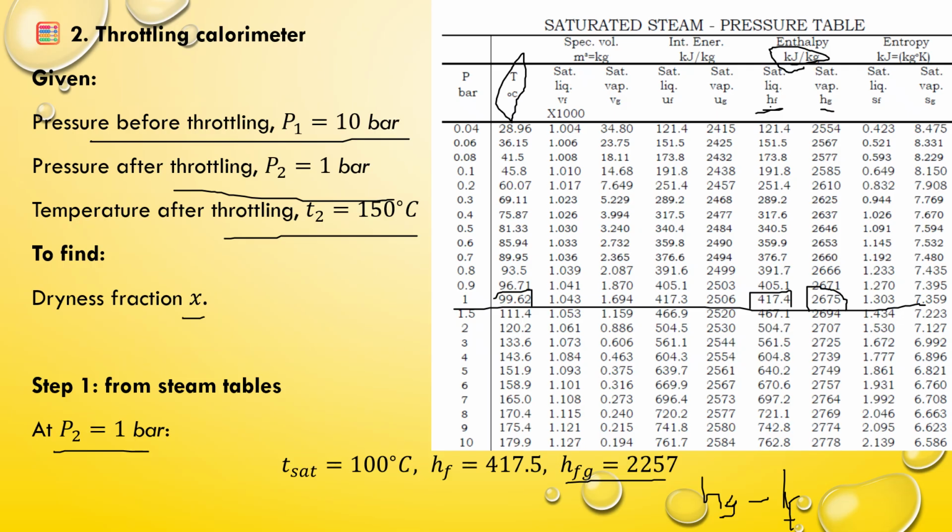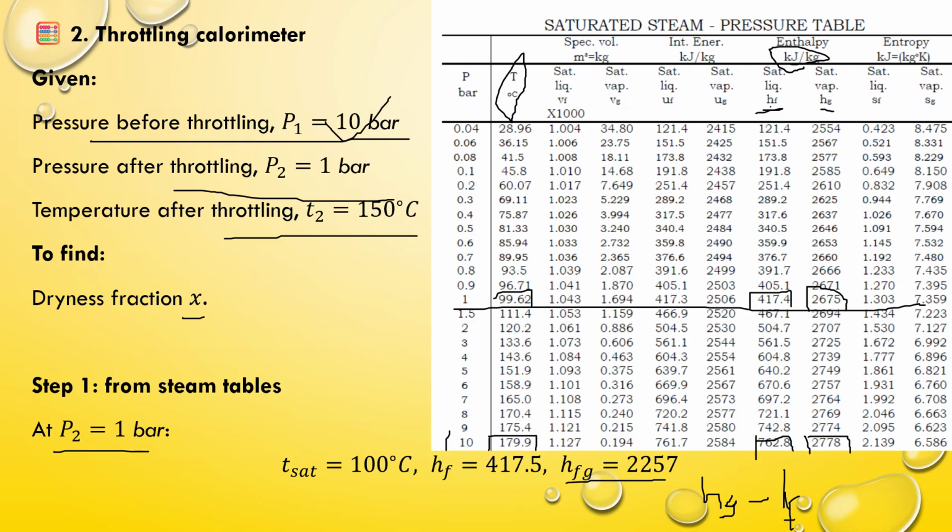In the similar way, your initial pressure is 10 bar. So corresponding to 10 bar, the saturation temperature is 179. Your HF value, that is 762, and Hg value, that is 2778.